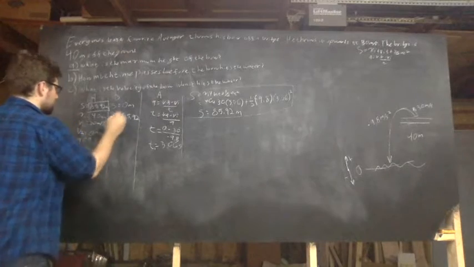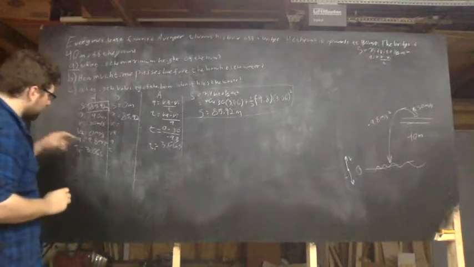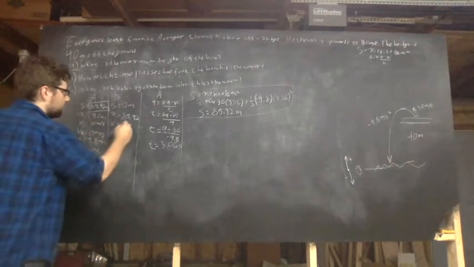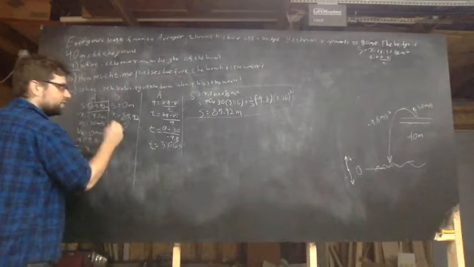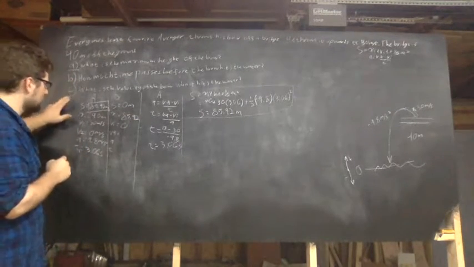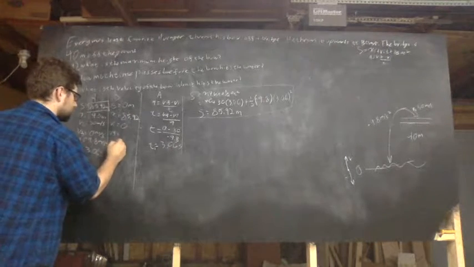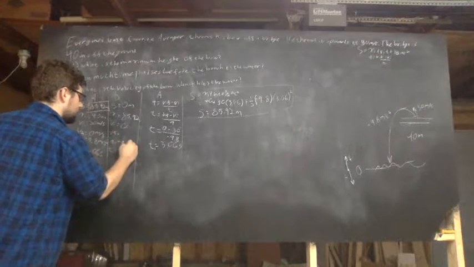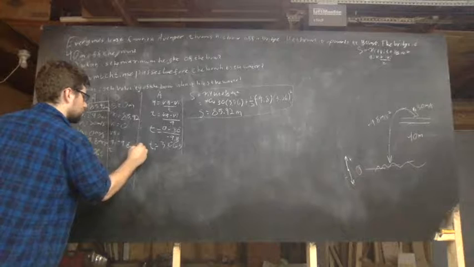My VI is going to be the same as my previous VF, which conveniently is 0. My VF, I don't know. That's what I'm trying to find in part C. My acceleration is going to be the constant negative 9.8 meters per second squared.